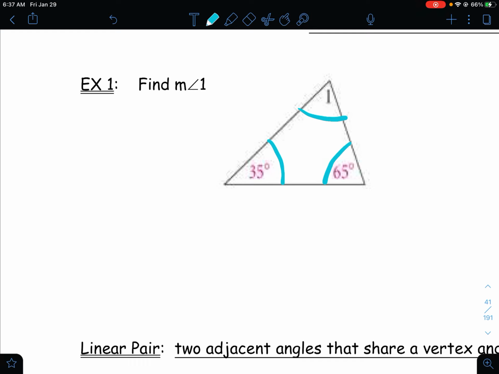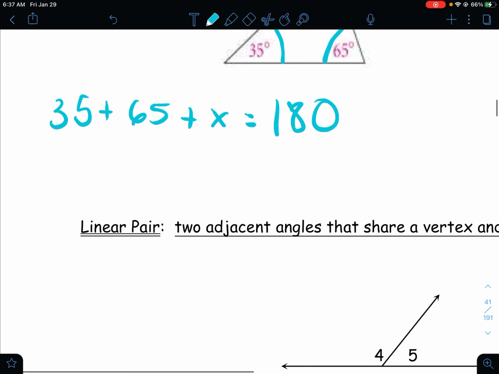So if I'm trying to find angle 1, what I could say is, let's see, we'll replace angle 1 with an x because I feel like using a number gets kind of confusing. So we'll say 35 plus 65 plus x. Well, if I add up all these 3 angles, what does it have to equal? 180.